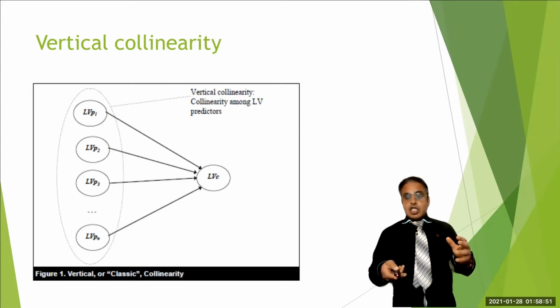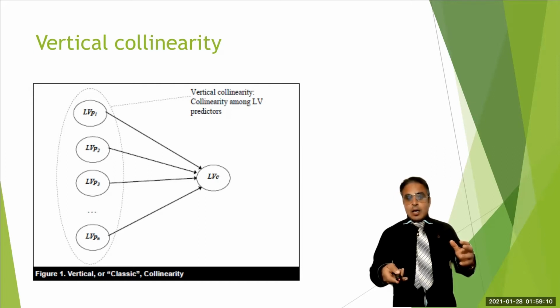If we check for vertical collinearity, we have to check between those latent variables forming the main latent variable that we are studying. So this is the vertical collinearity.